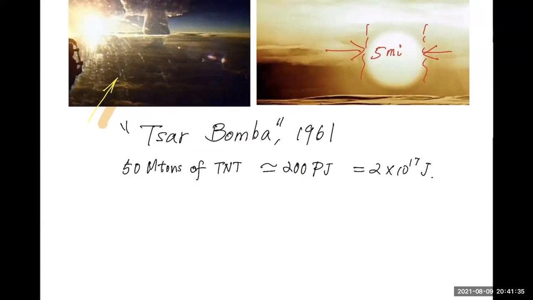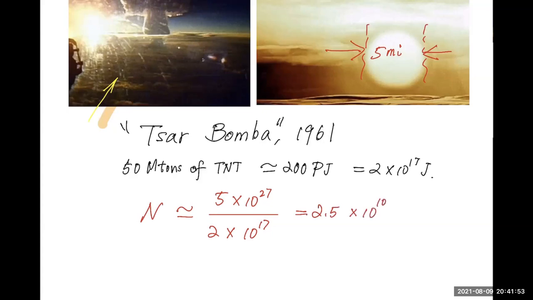Well, N would be equal to 5 times 10 to the 27 divided by 2 times 10 to the 17. And the answer is just ridiculous. This is 2.5 times 10 to the 10. It will take 25 billion such bombs to make that happen.